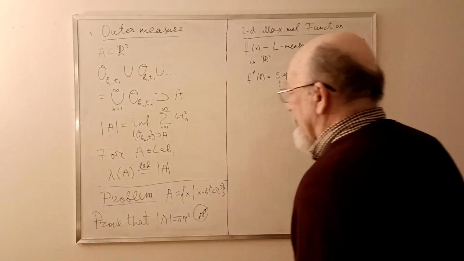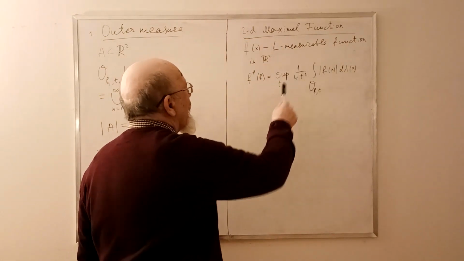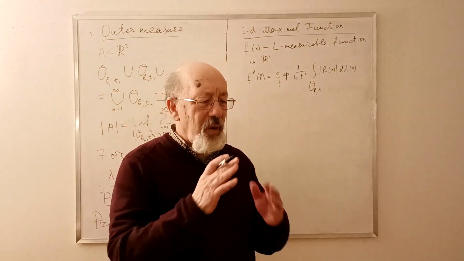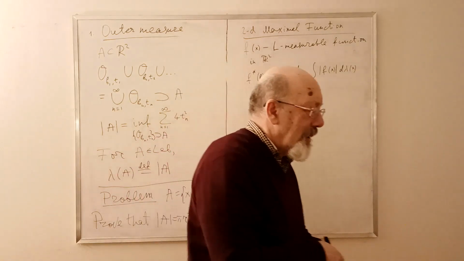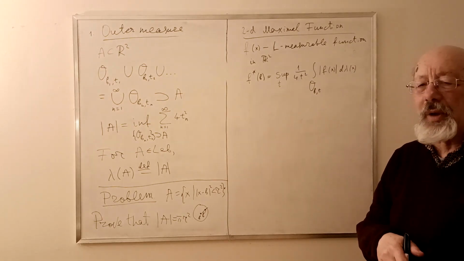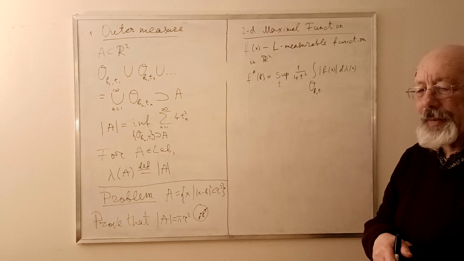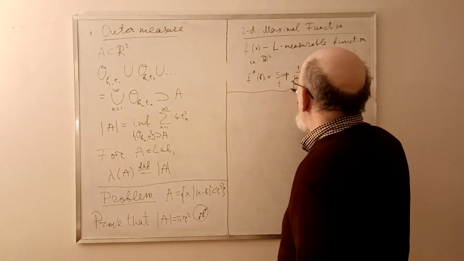So it is the supremum of the mean value of the function over the square. It is exactly parallel to the definition in one dimension. Now we have another component.